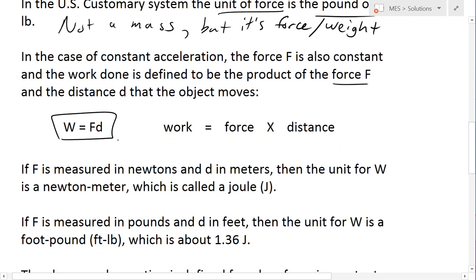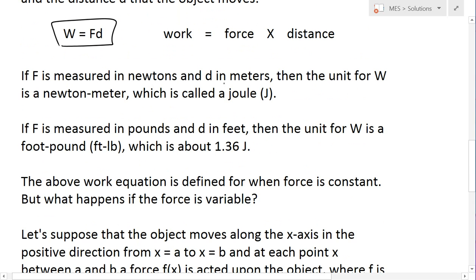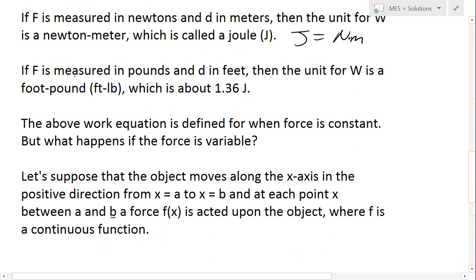So W equals F times D, or work equals force times distance. F is measured in newtons and D in meters, so the unit for work is the newton meter, which is also known as the joule, or J. So joule equals newton meter, N times m.